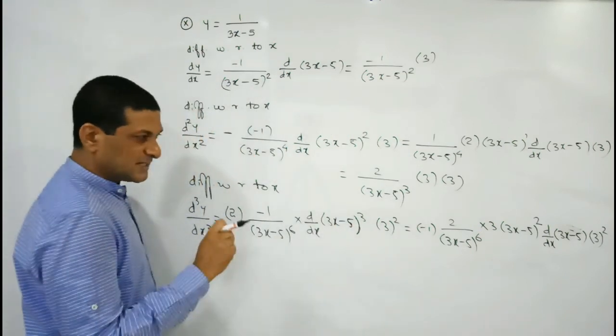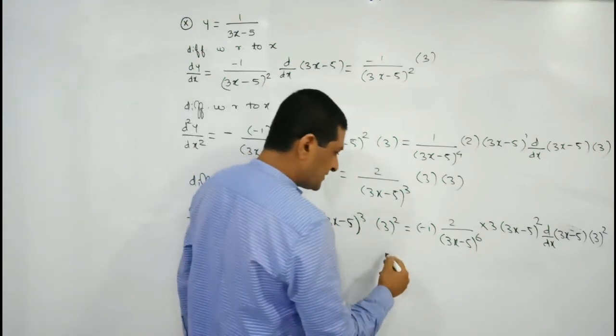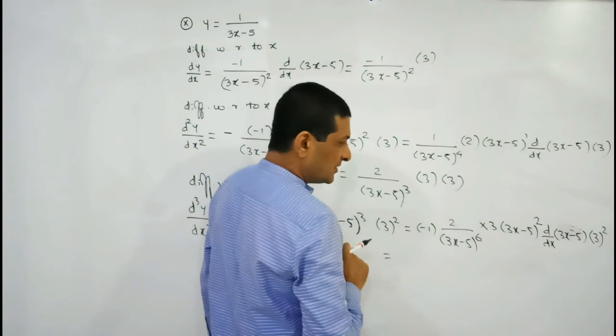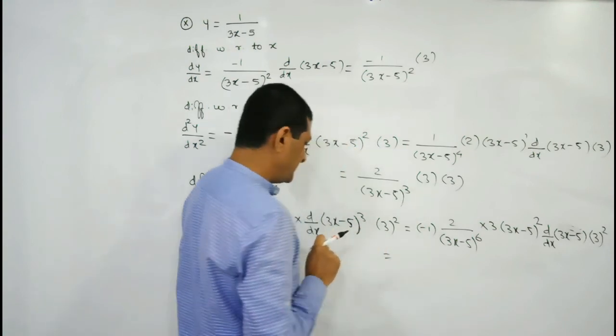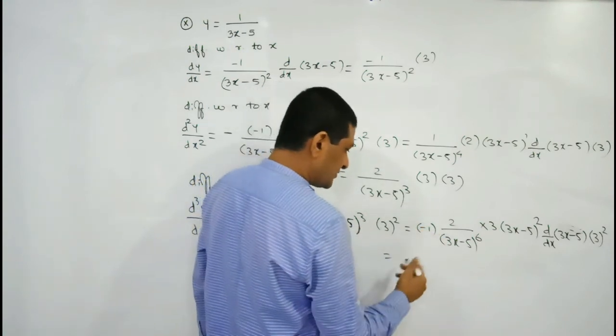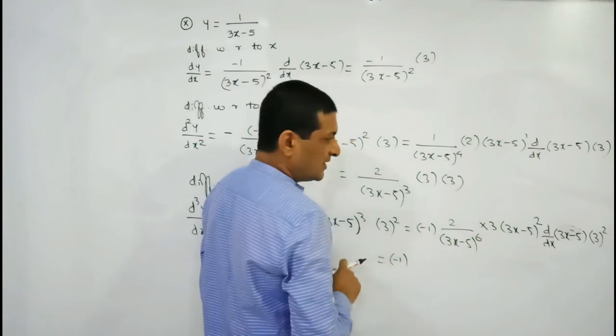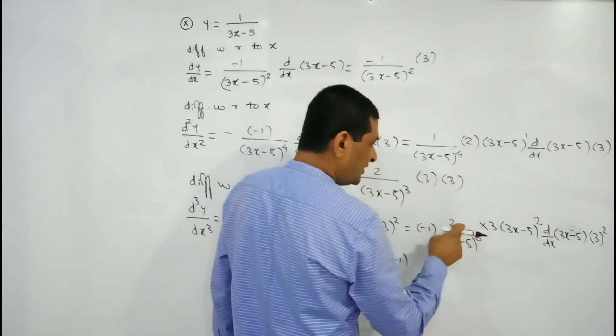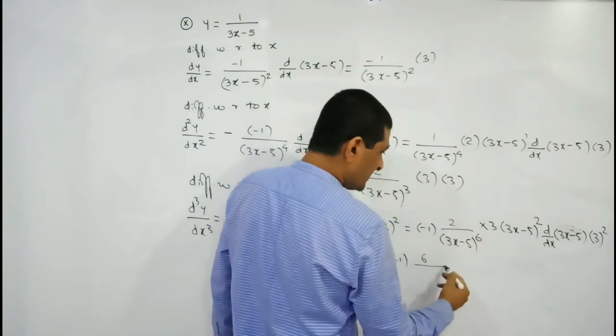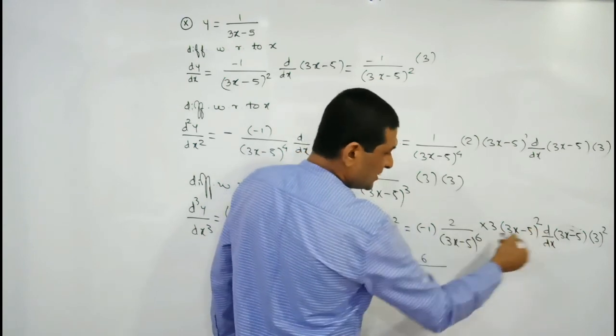Okay, now let us simplify it. Keep this minus 1 as it is. Again this 3 into 2, can I write it as 6? In the denominator these two terms will get cancelled.